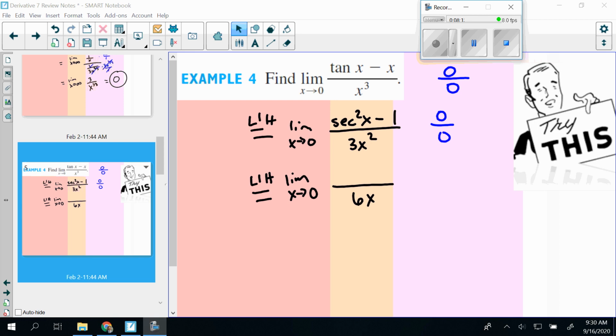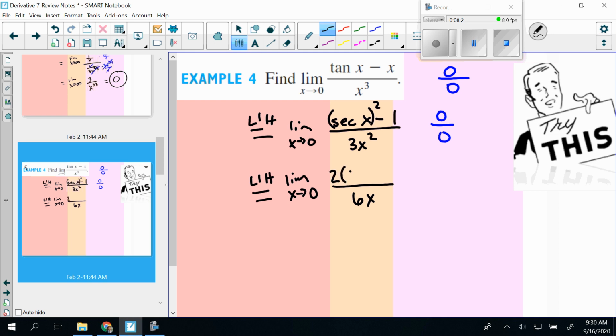All right, so then derivative of the top. This part we will probably want to think of as kind of like chain rule now. So secant squared of x is really like this. So applying chain rule, bring down our 2. Leave the inside alone, secant x.